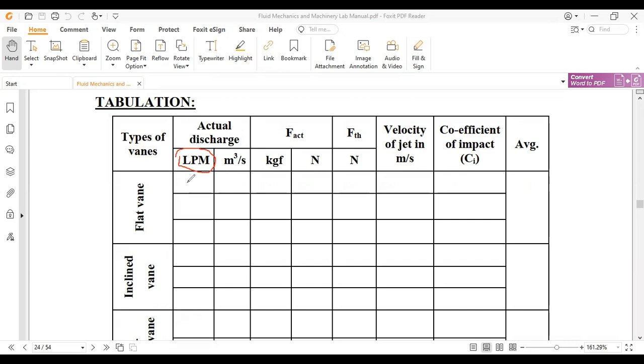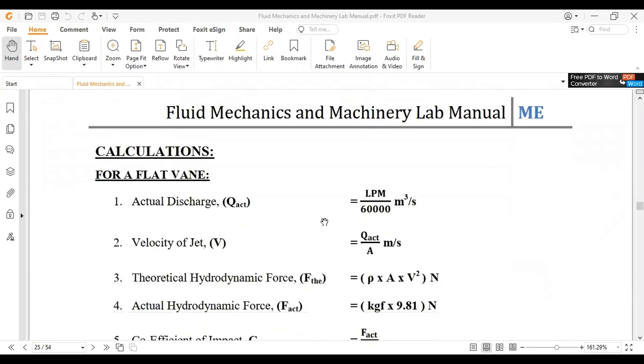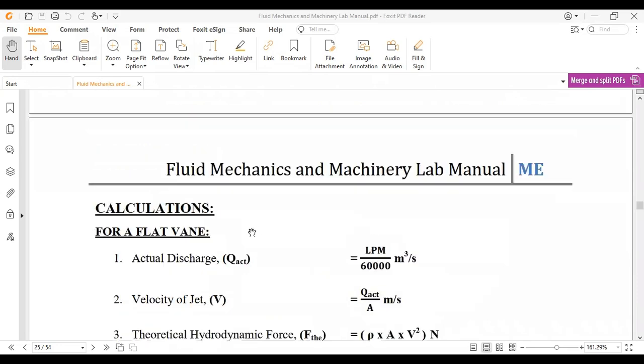For different flow rates, we take different readings. For example, you take 20 LPM, then that should be converted into meter cube per second. The equation to convert LPM to meter cube per second is to divide the value by 60,000.